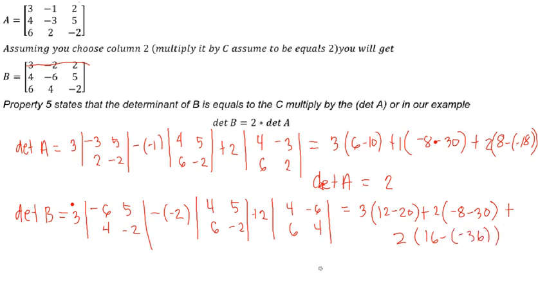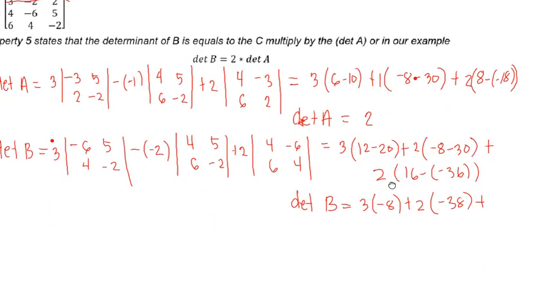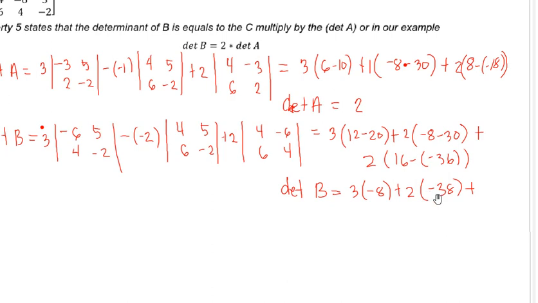So solving for the value of determinant B, ang value natin dito is 3 times negative 8 plus 2 times negative 38 plus, we have 2 times 16 minus negative 36, that is 52.